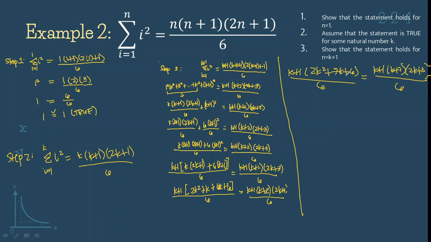So this, we can factor out. So we have here k plus 1 times 2k, close parentheses, times another k, close parentheses, all over 6.